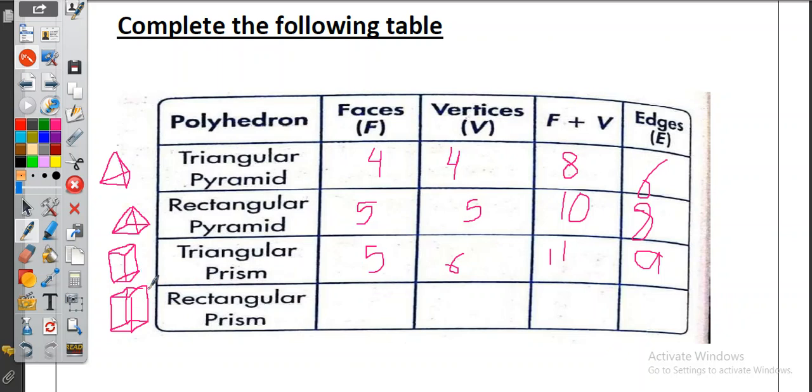Yes, 4 surrounding and 1 up and 1 down. There are 6. How many vertices? I have 4 up, 4 down. There are 8. The total is 14. And how many edges? Count 1, 2, 3, 4, 5, 6, 7, 8, 9, 10, 11, 12. So this is the number of edges. Okay? Let's move on.